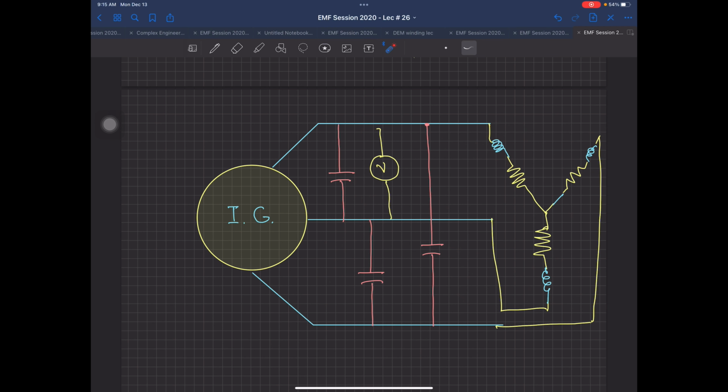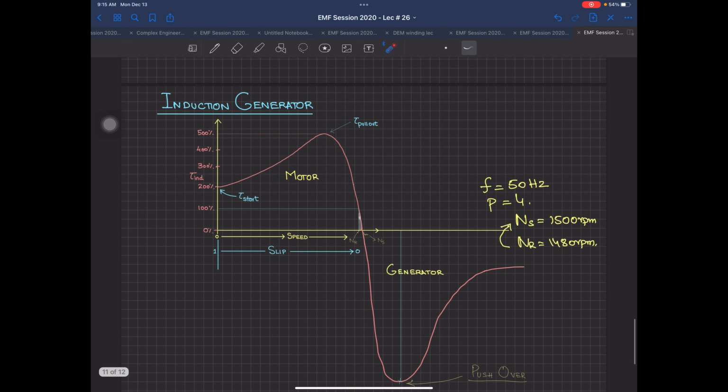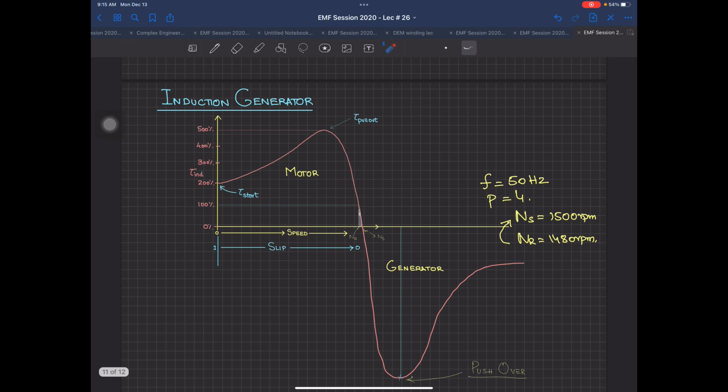So induction generator as a standalone is a very difficult process. And if you want to run it as a standalone, you require capacitors over there. Now, in the previous case, when you were running this one connected with the grid, what were you doing there? You first started it as a motor, then you increased the speed so that now it becomes a generator.